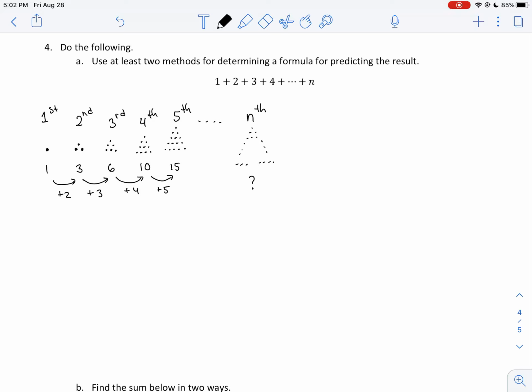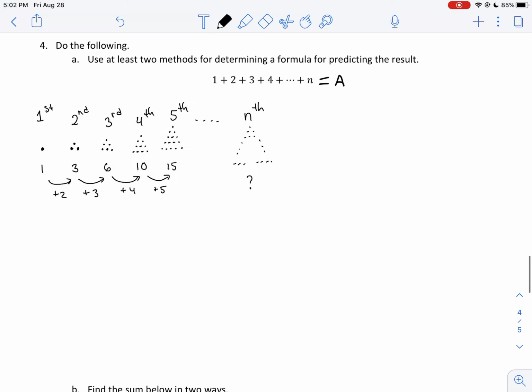Let's say that this adds up to some unknown number that we're going to call capital A. So we have A is equal to 1 plus 2 plus 3 plus etc. up until we get to n.